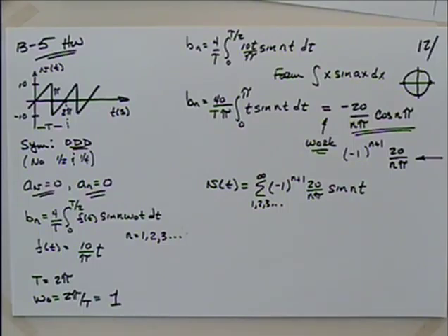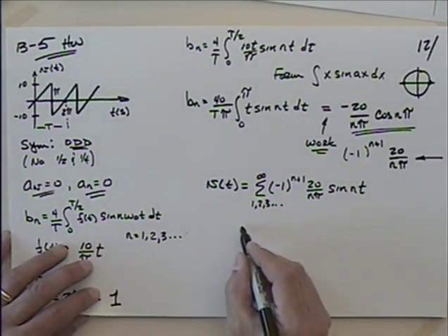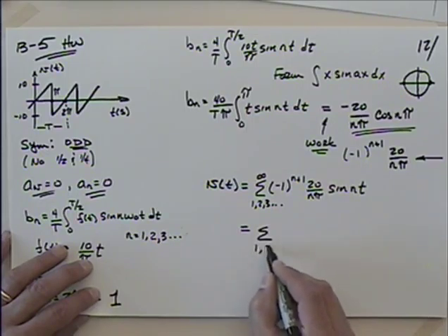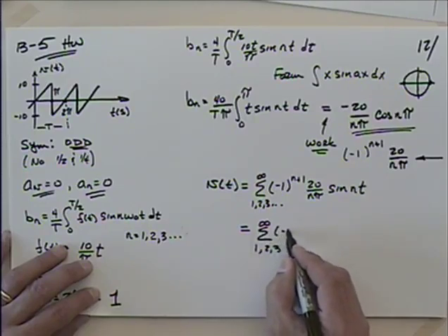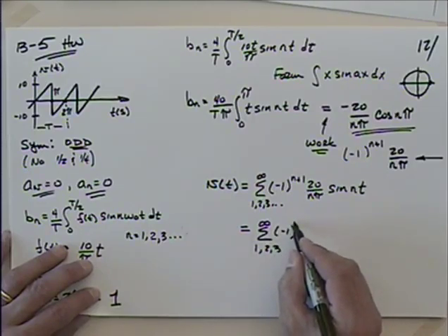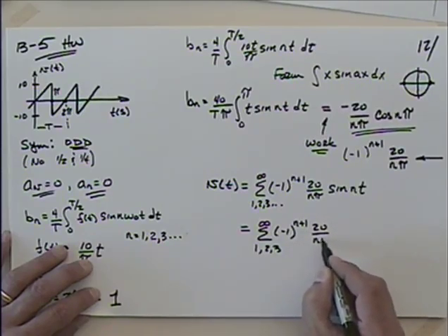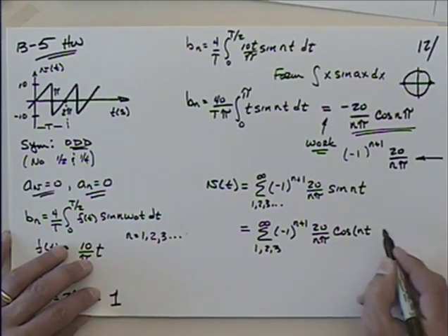Now we could probably work the problem with sine, but we've done most of our work with cosine and all of our phasor work, so that's probably the safer thing. So I'll switch this: the sum from 1, 2, 3, and so on up to infinity of minus 1 taken to the n plus 1, times 20 over n pi, times the cosine of nt, and what do I have to do?